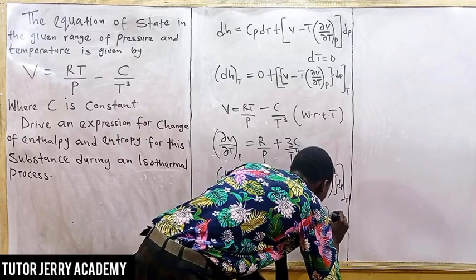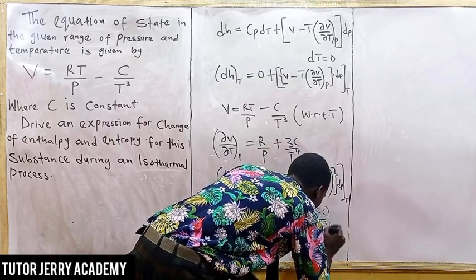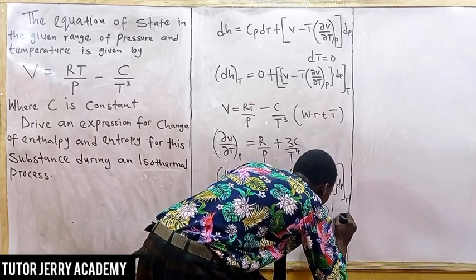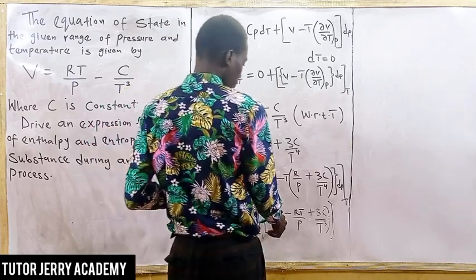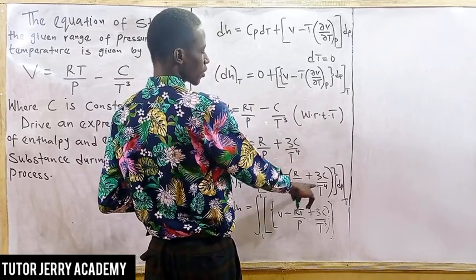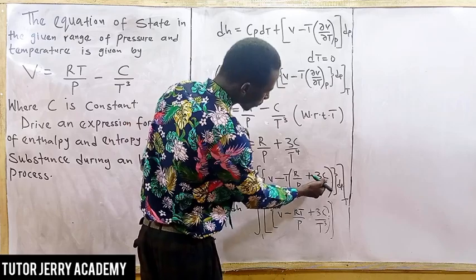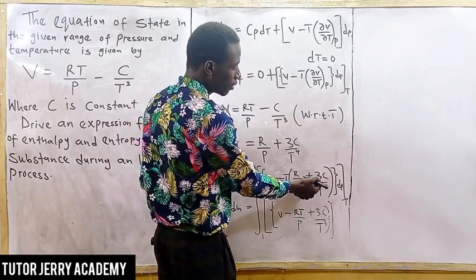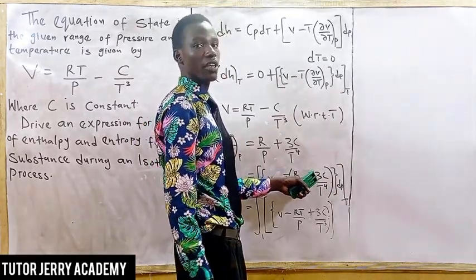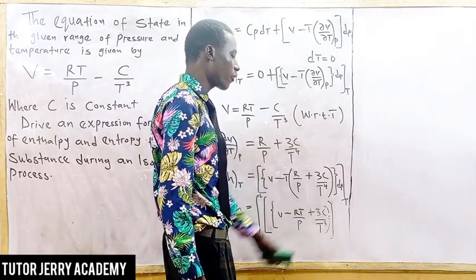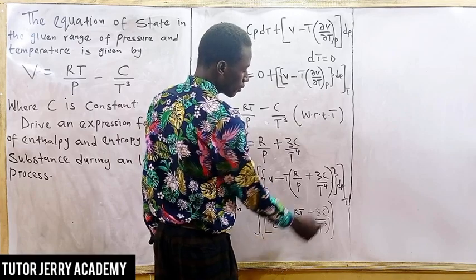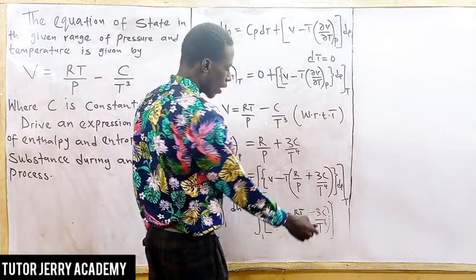So we have the bracket of V minus RT over P, and minus T multiplying 3C over T to the power of 4. With one T cancelled, we are left with T to the power of 3, so we have minus 3C over T to the power of 3.